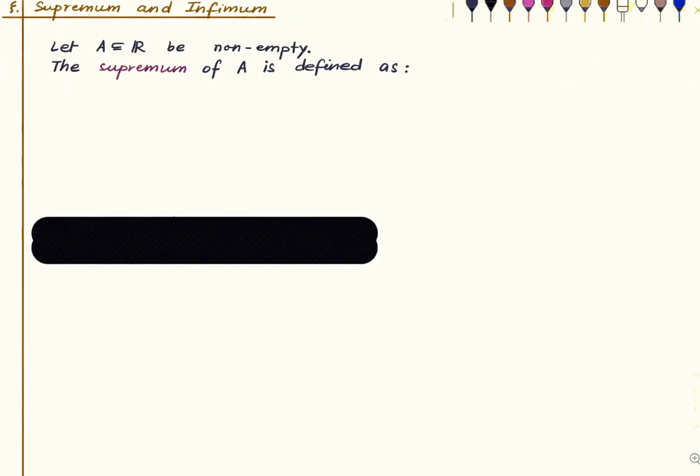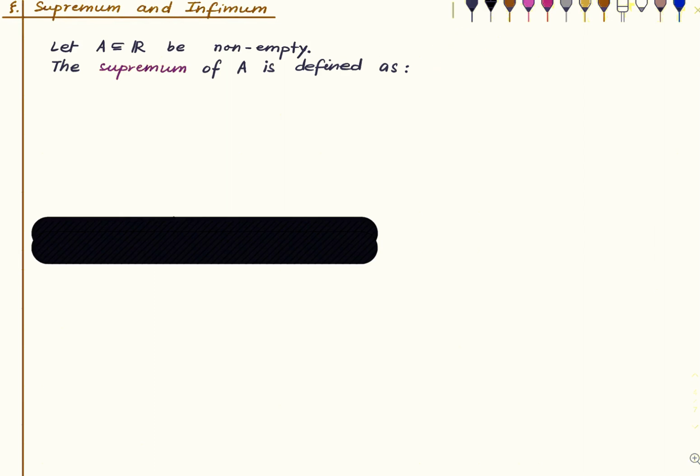So let's look at a few more concepts, which are not really new concepts, but they are terminologies which we will be frequently using. So it's a good idea to spend time on it. So fix a non-empty subset of the real numbers. So now we have our real number field. We have seen that it exists and is unique, even though we haven't proved any of that.